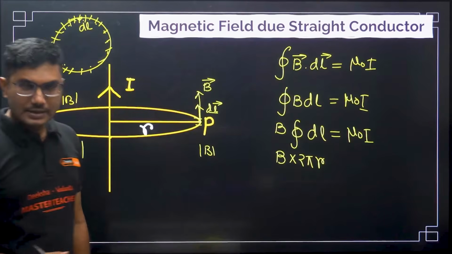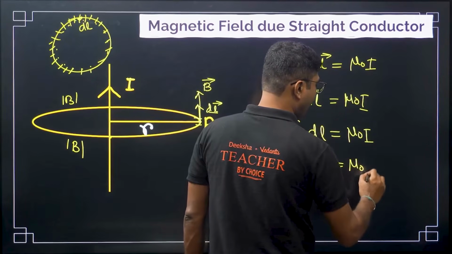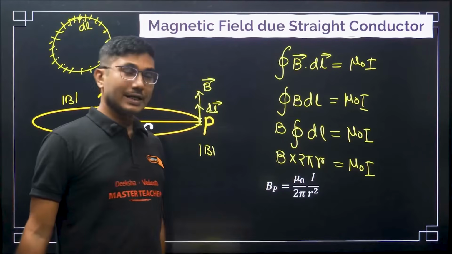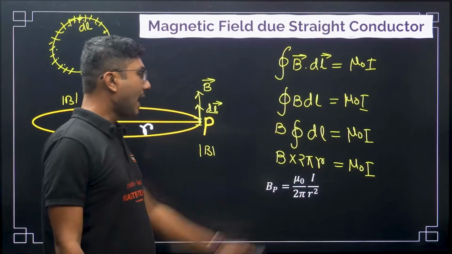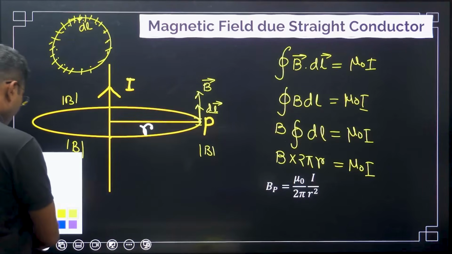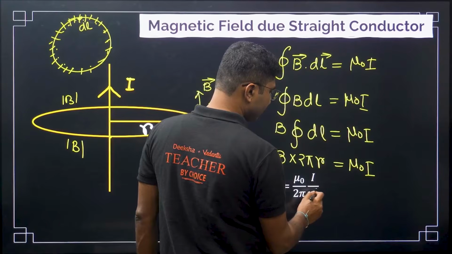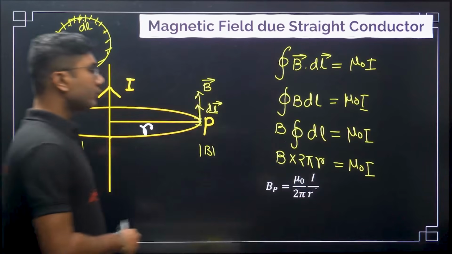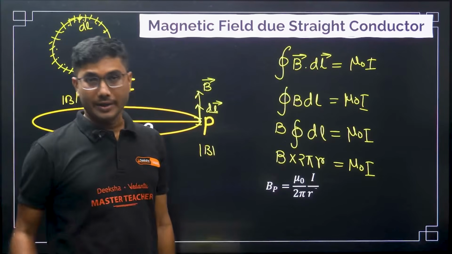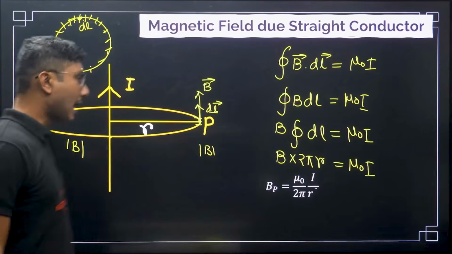So from here we get mu naught I, and on simplifying, the magnetic field in this case is given by mu naught by 2 pi, I by r. It is not r square, by the way, sorry. So this is the formula for magnetic field due to a straight wire: mu naught by 2 pi, I by r.